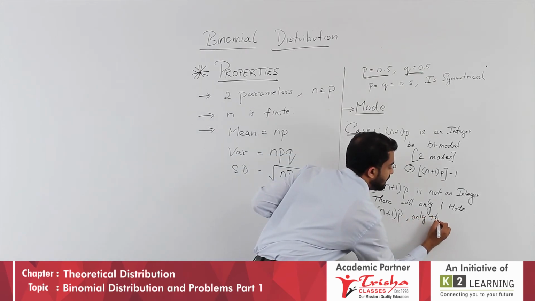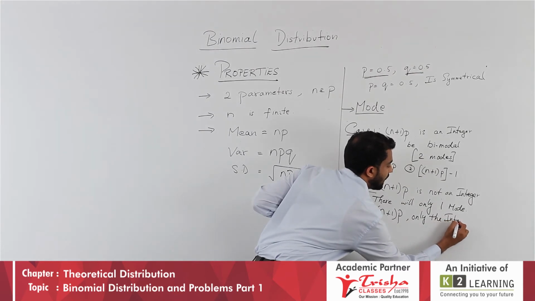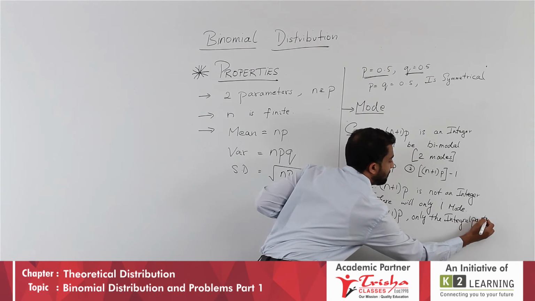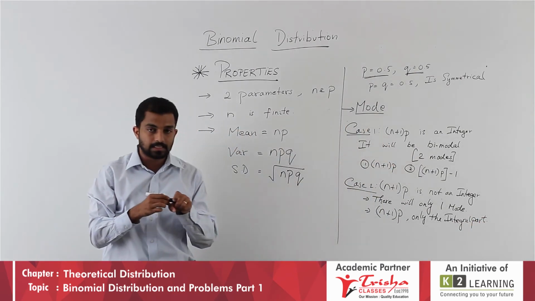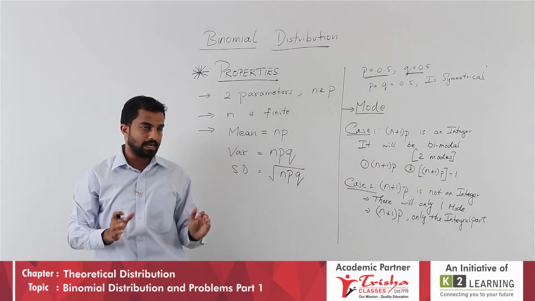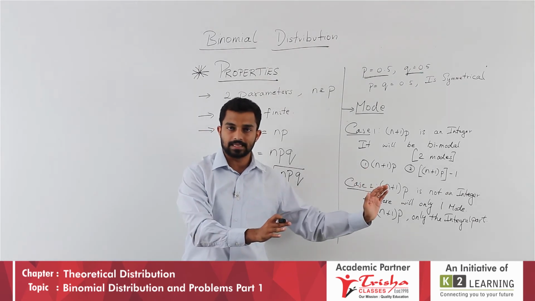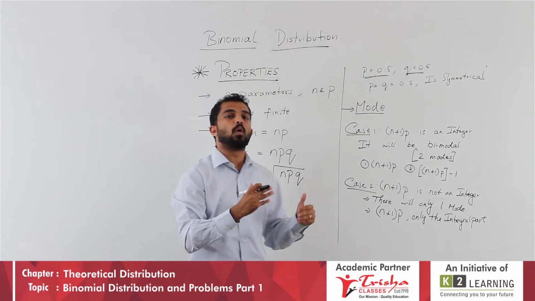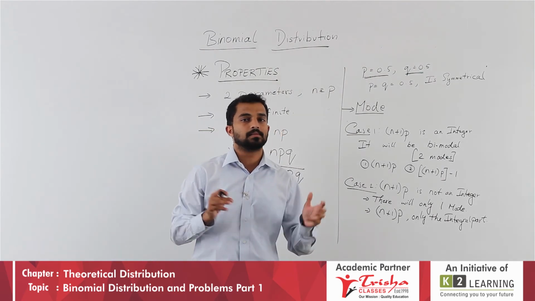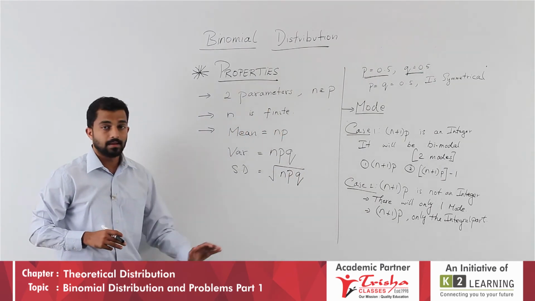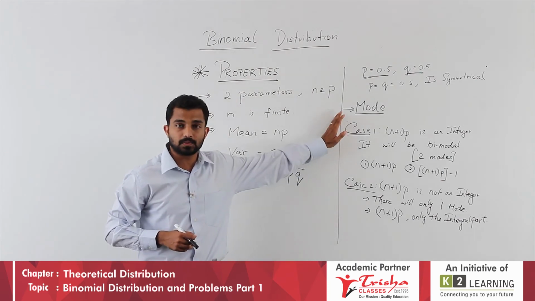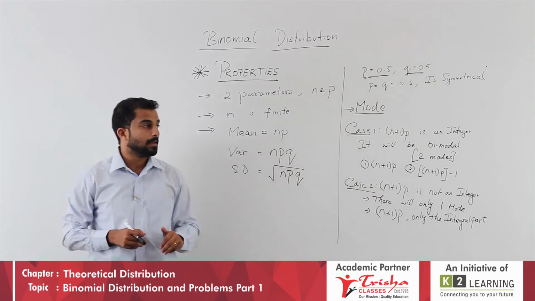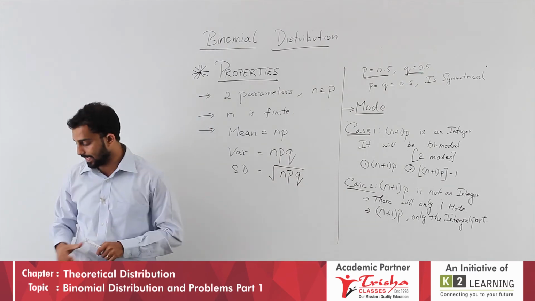That means if you get the answer as 6.33, then the mode will be 6. If you get the answer as 7.17, then the mode is 7. In this way, this property of mode, case 1 and case 2, become very important. Next property, let us see.